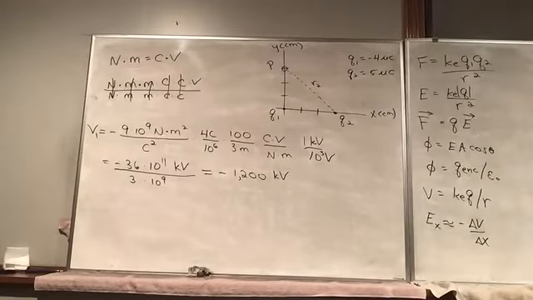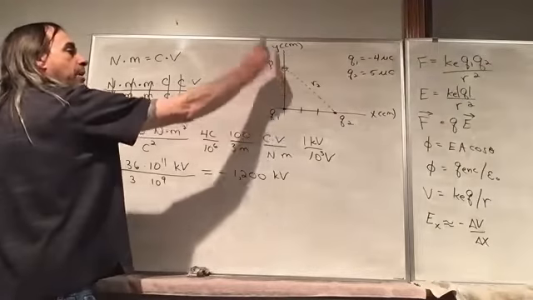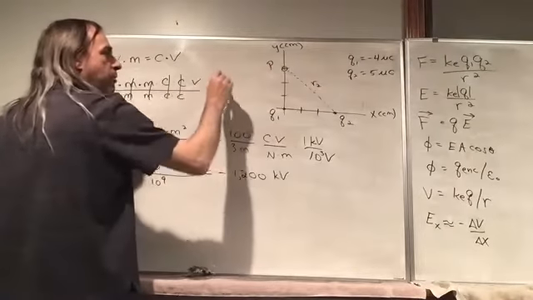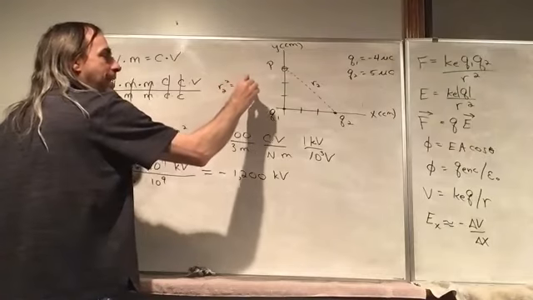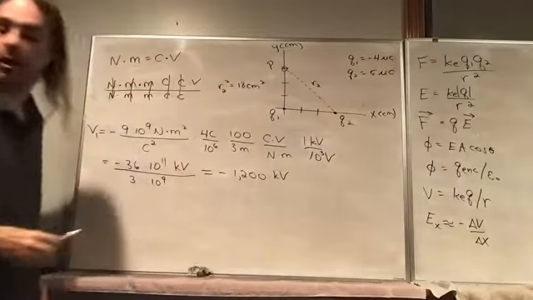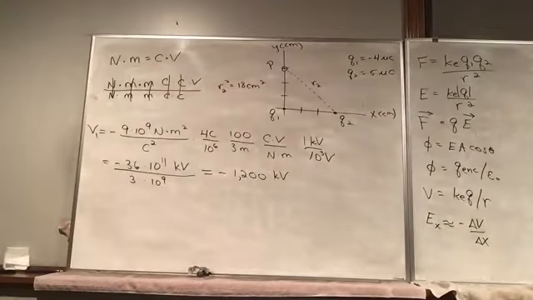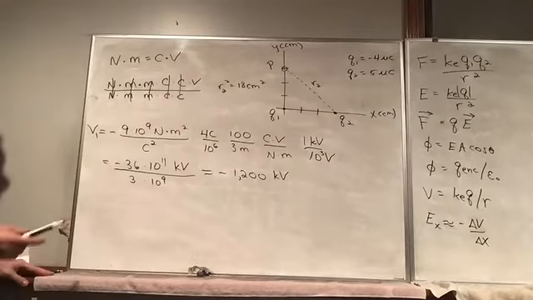So we square that, we get 9. Going up, we'll get another 9. So R2 squared is 18 centimeters squared. I'm going to take the square root of 18. So it's 4.24, let's say 4.2.